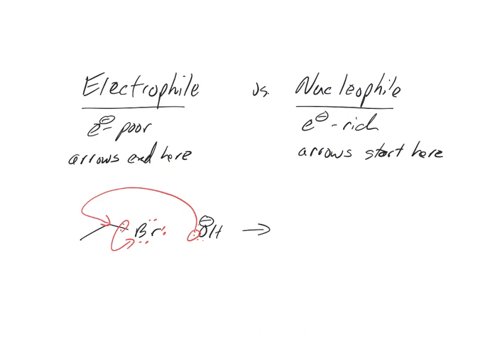The oxygen is the nuke, and then C2 is the electrophile, right? The nucleophile always goes to the electrophile, and we could draw the products, hopefully, for this.